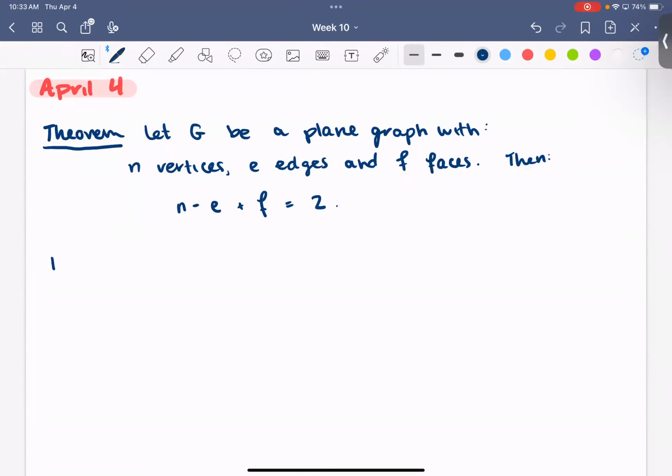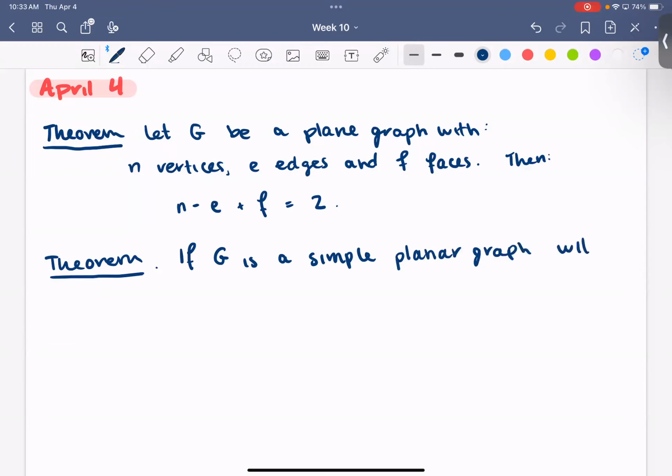So we have a theorem. It says if G is a simple, so no loops or multiple edges, planar graph with at least 3 vertices, then E of G is less than or equal to 3 times the number of vertices of G minus 6.